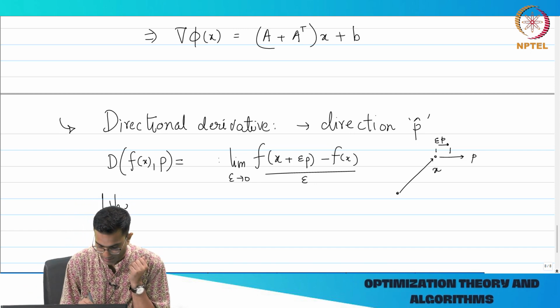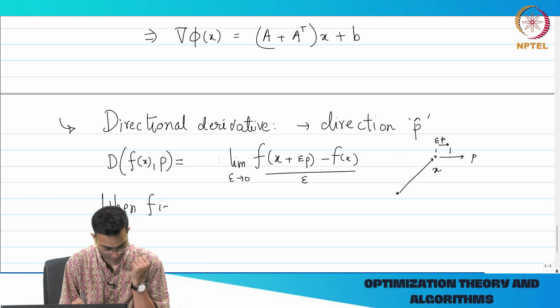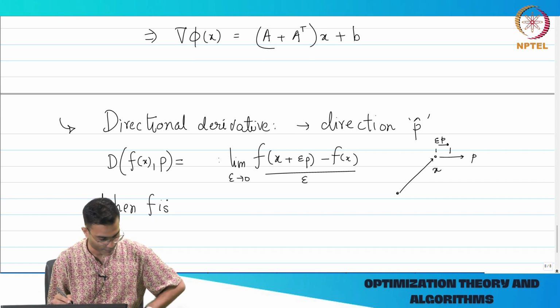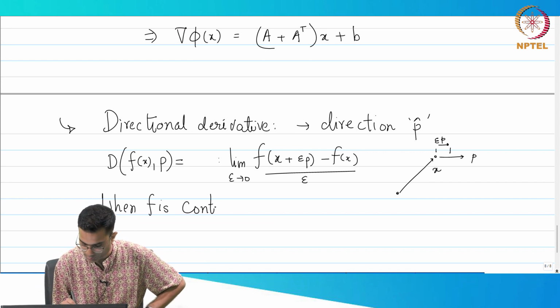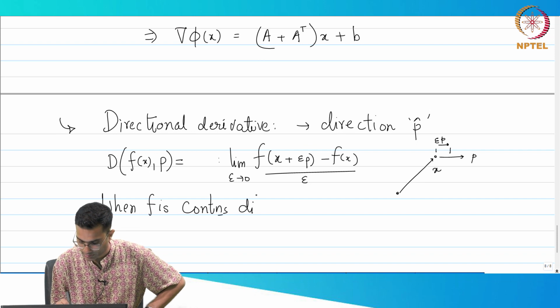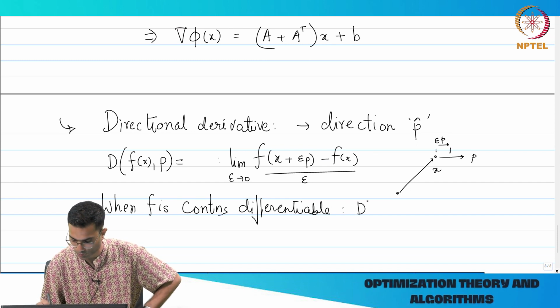Now this has a simple form. We say that when f is continuously differentiable, you can show that there is a nice form for this.